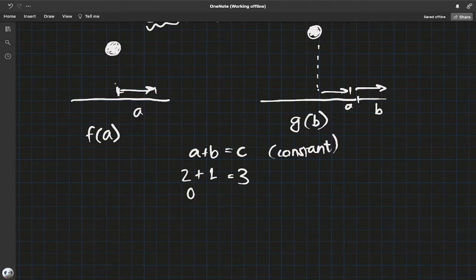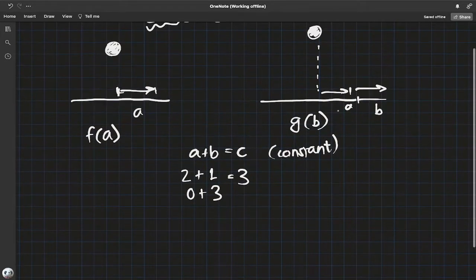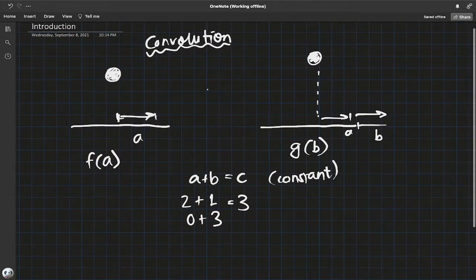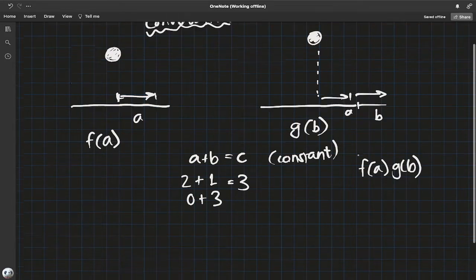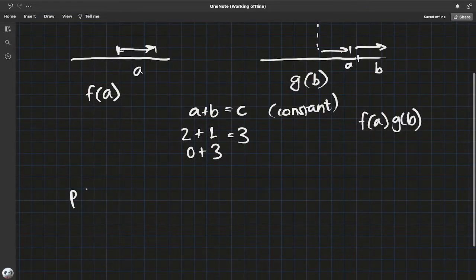It just drops vertically down, and all the 3 units the second time. Well, if we want to find the probability of both these things happening, we have to take a product, right? Because if you remember, for the probability of 2 events happening, we want f to happen and g to happen. So we need to take a product.